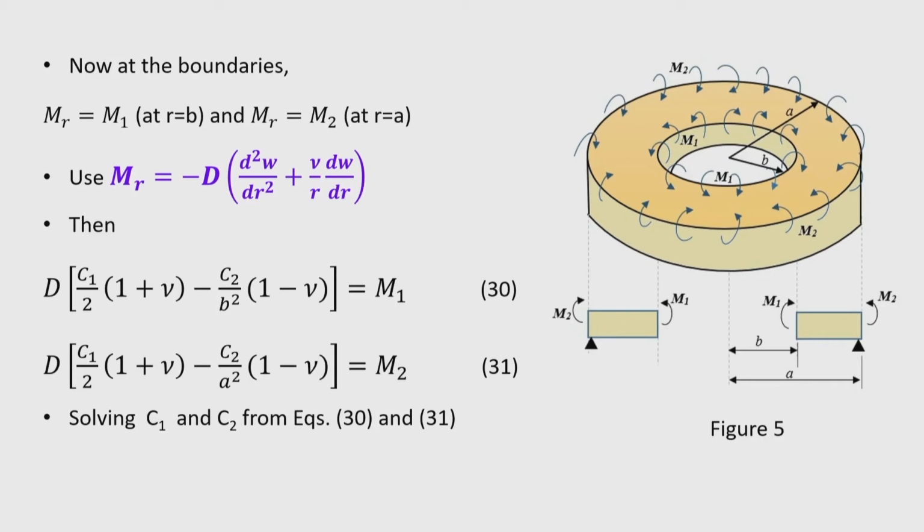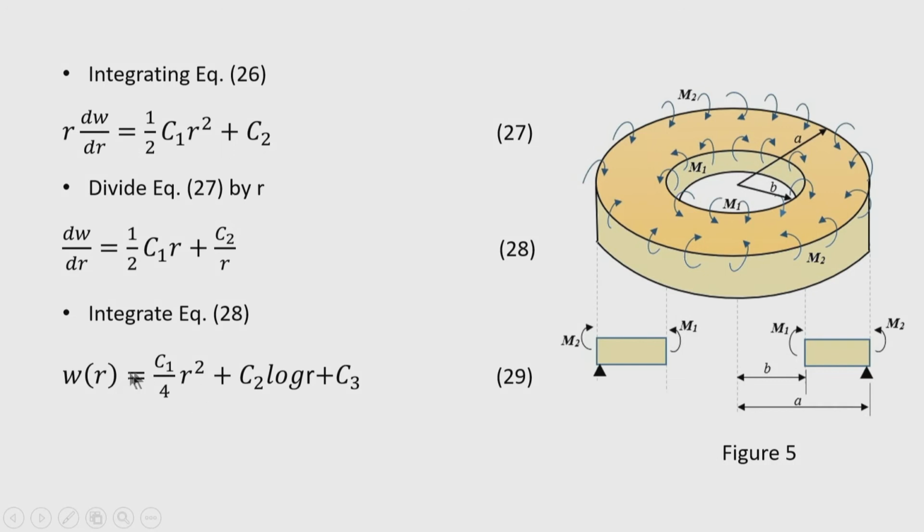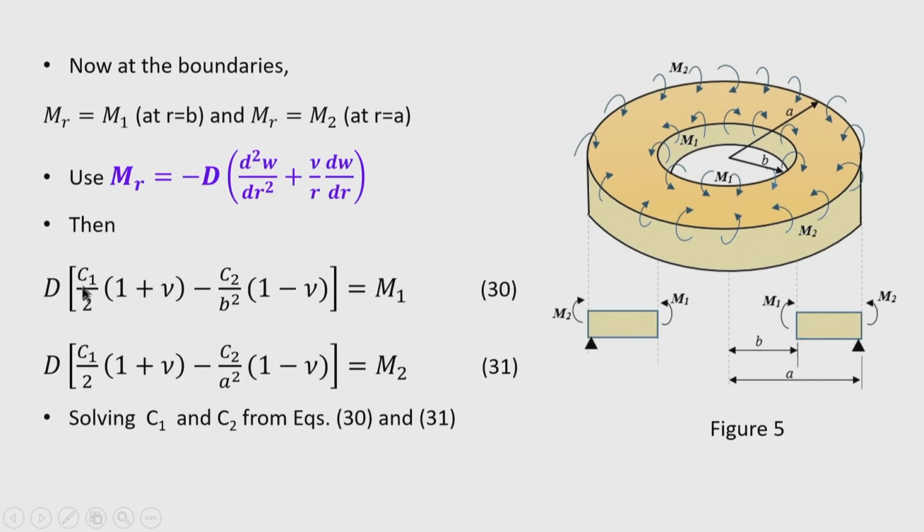The expression for Mr is minus D bracket the curvature, that is the second derivative of w with respect to r, plus mu by r, mu is the Poisson ratio, times the first derivative. First derivative and second derivative both have to be found out. Now, after differentiation and applying the condition at r equal to b and r equal to a, that is the inner edge and outer edge, we get two equations.